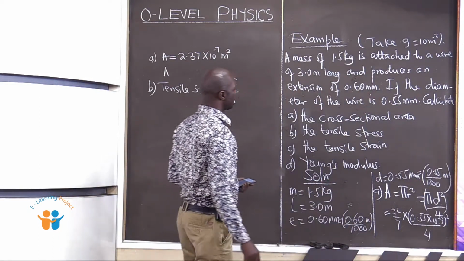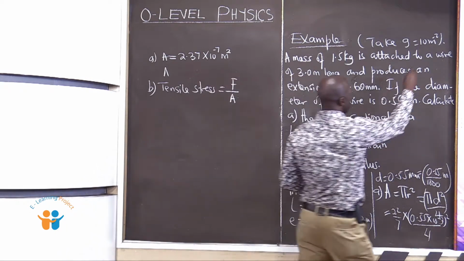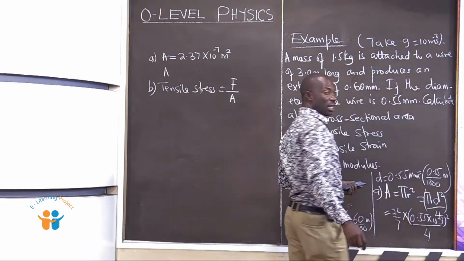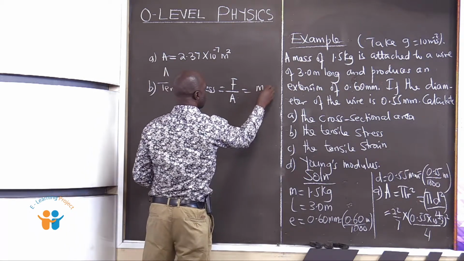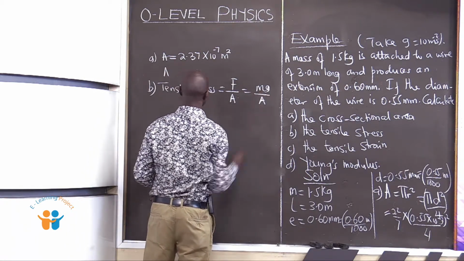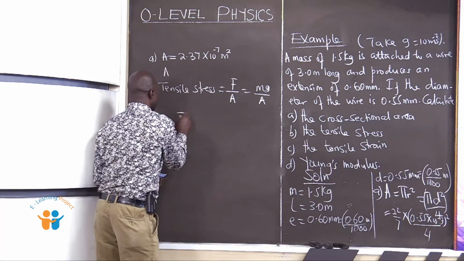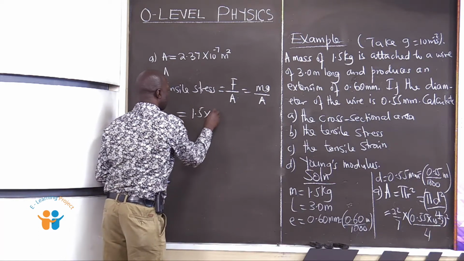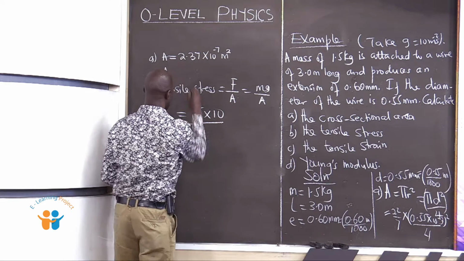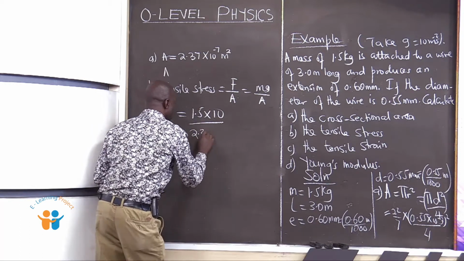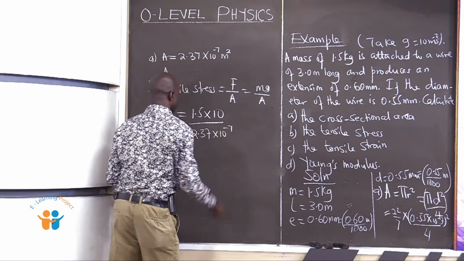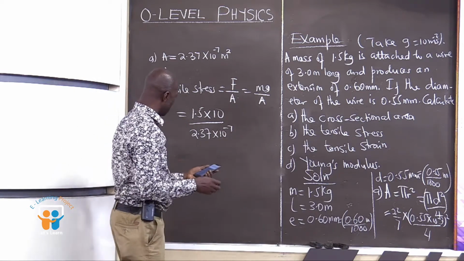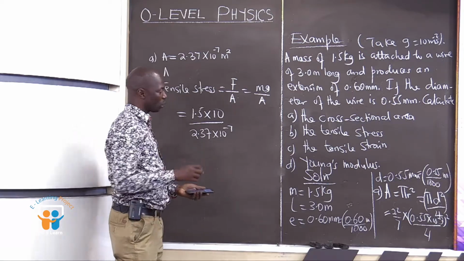So our force will be mg over area. So our m is the mass, which is 1.5 times 10, over our area, which is 2.37 times 10 to the power negative 7. So if we work this out, we get our tensile stress.